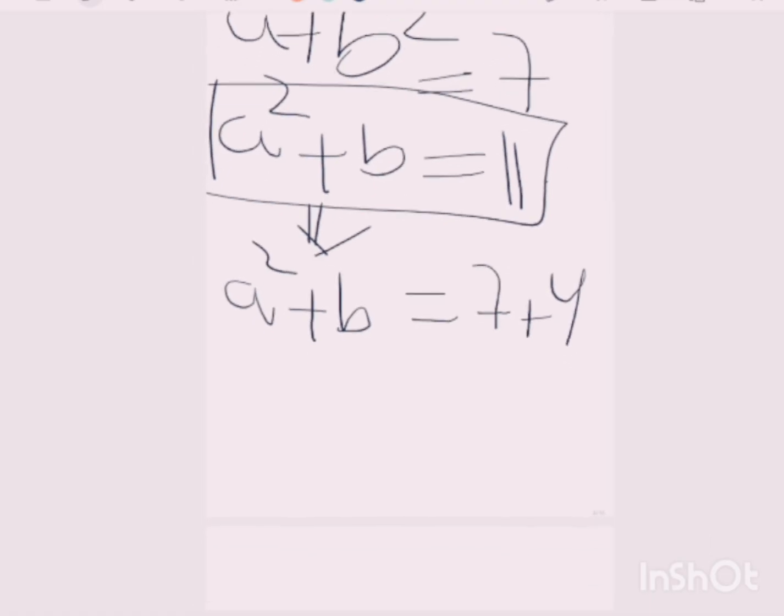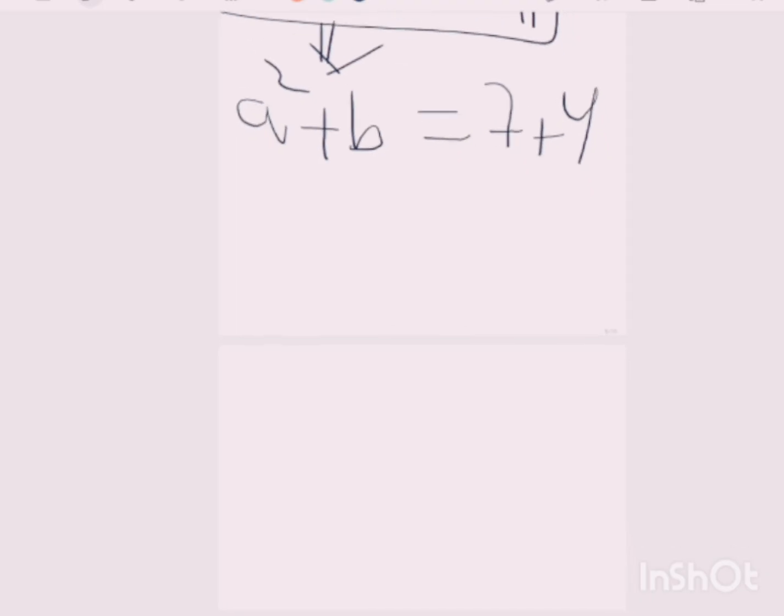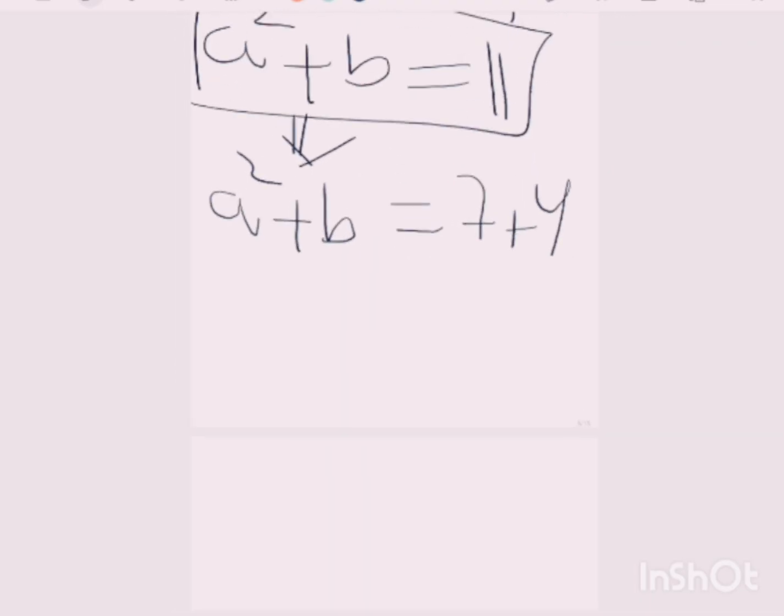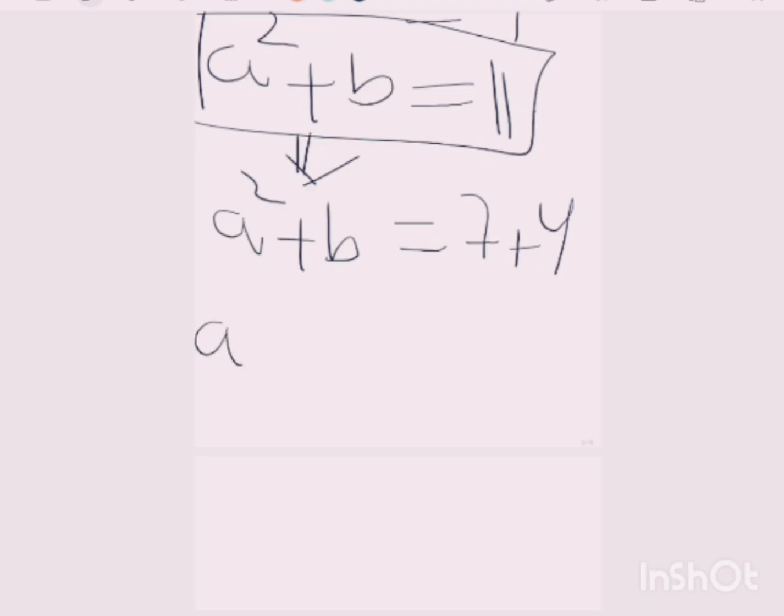Okay, so when writing a² + b = 7 + 4, we can write it as a² + b = 7, and I can write this 7 again as a² + b + 4.